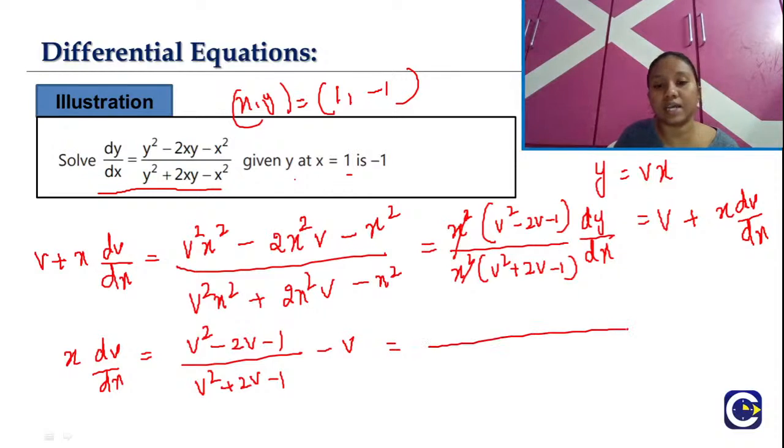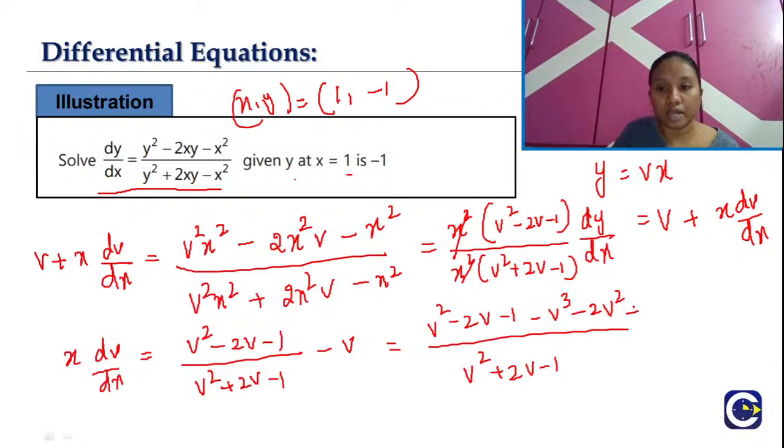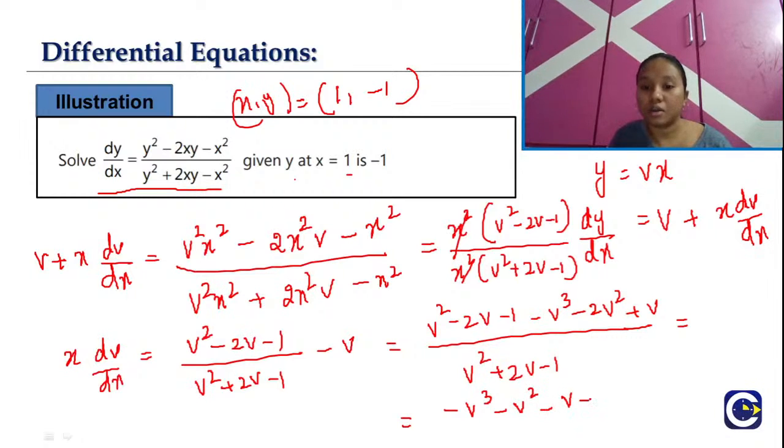So now we can take the LCM. v square plus 2v minus 1, and then v square minus 2v minus 1, so it will be minus v cube minus 2v square plus v. Then the numerator will be minus v cube, minus v square, minus v, minus 1, divided by v square plus 2v minus 1.